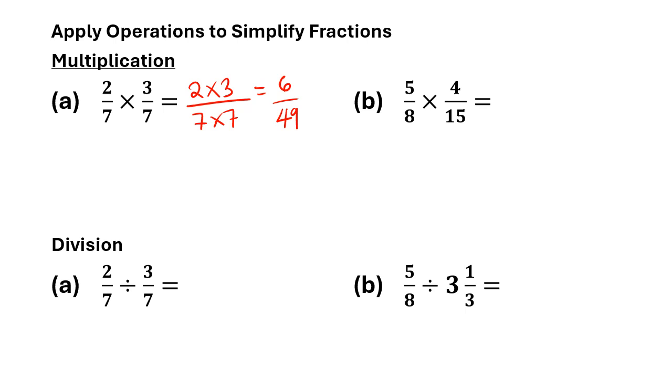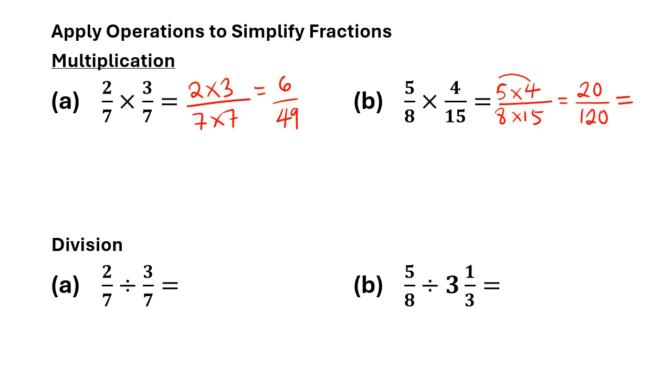I told you. When we try this problem here, let's see what we're going to get. Here again, we can do that as 5 times 4 divided by 8 times 15. So 5 times 4 is 20, and 8 times 15 should give us 120.